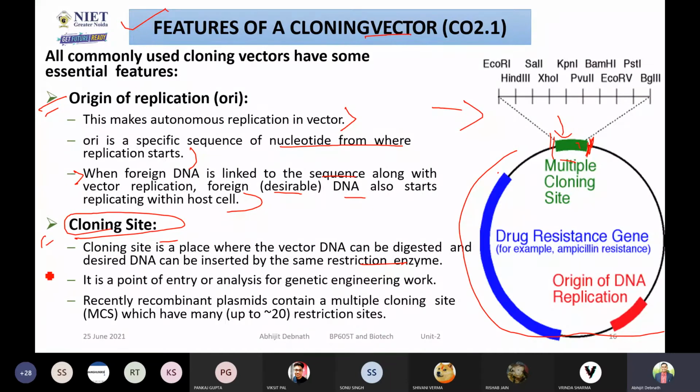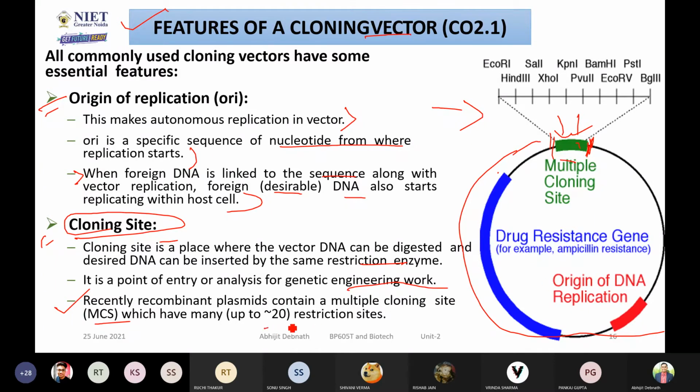And recently, recombinant DNA containing a multiple cloning site. This is very important for you. This is the place where our gene of interest will come and fix. Nowadays, scientists have done a very interesting thing called multiple cloning site. MCS means that in that particular vector there are multiple areas where you can clone.